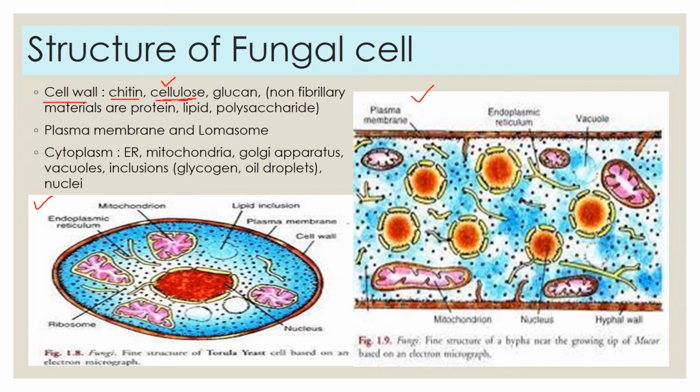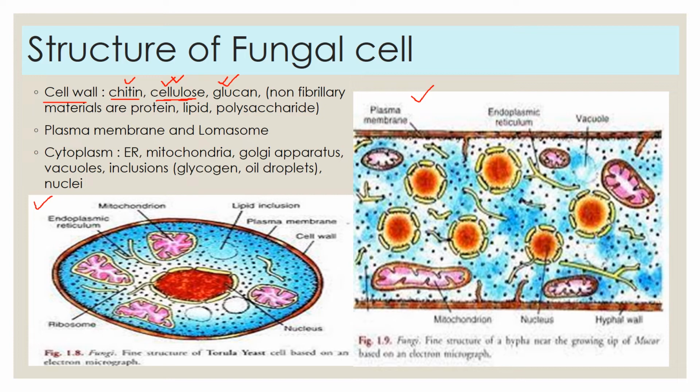Apart from chitin and cellulose, glucan and mannan are also present. Chitin is present in all types of fungi, cellulose is present only in the Oomycetes, and glucan is again present in all types of fungi. So these are all polymers: chitin, cellulose, glucan, and I forgot to write another, mannan.